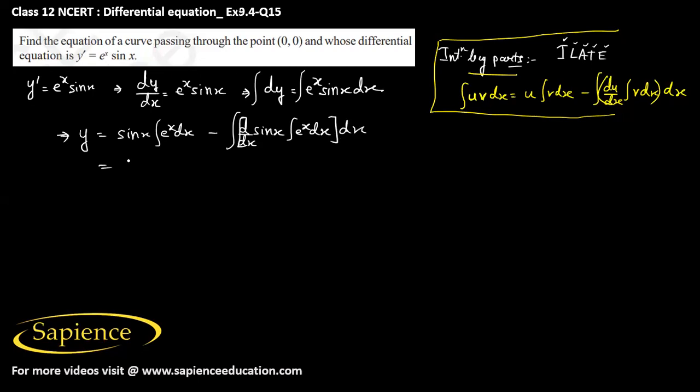So that will be equal to sine x times e power x minus, d by dx of sine x is cos x, times e power x, then that times dx.